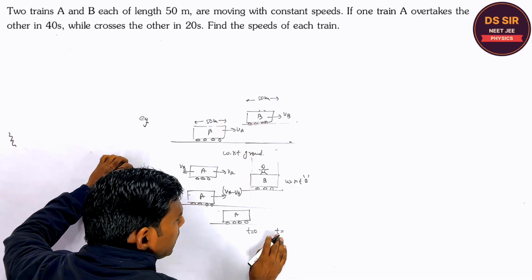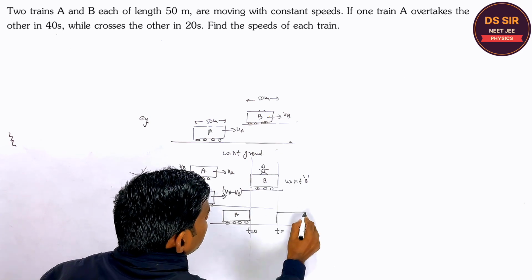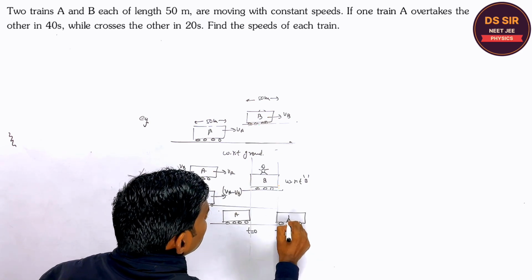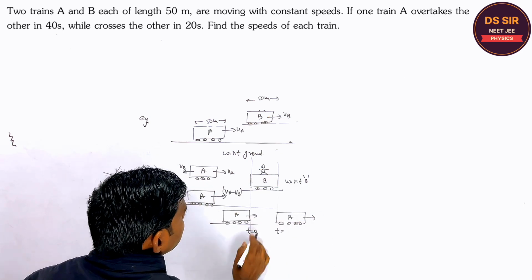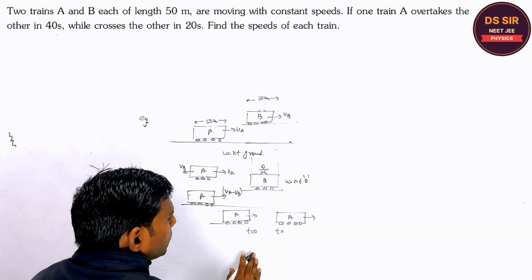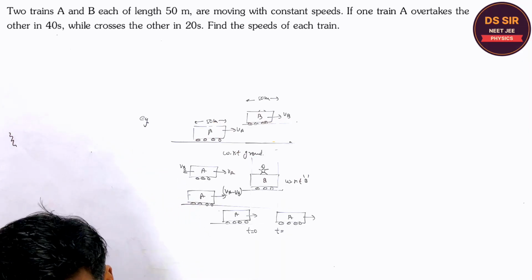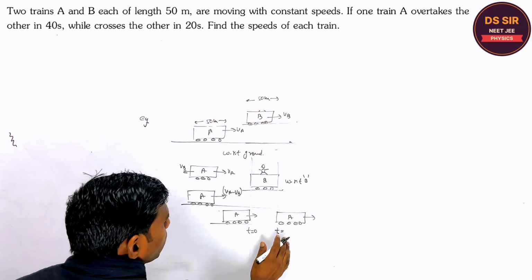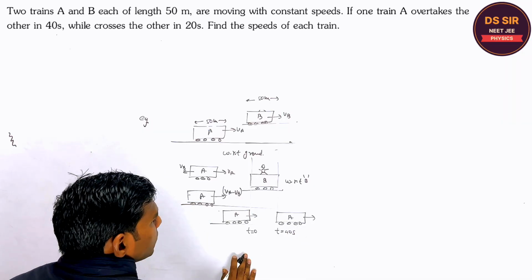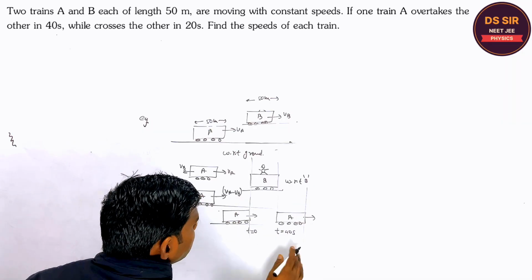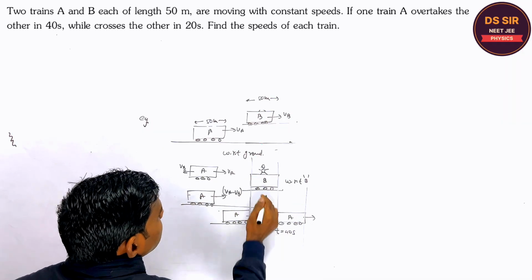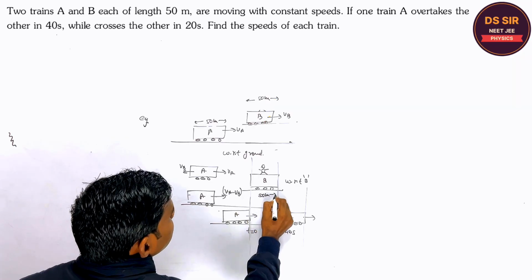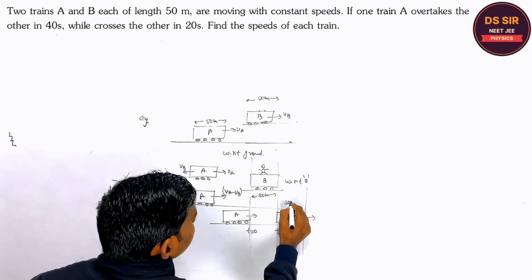After some time, the car A overtakes the B. Is it clear or not? What time does it take? In 40 seconds. So you tell me, what is the distance covered? The length is 50 meter and this length is also 50 meter.